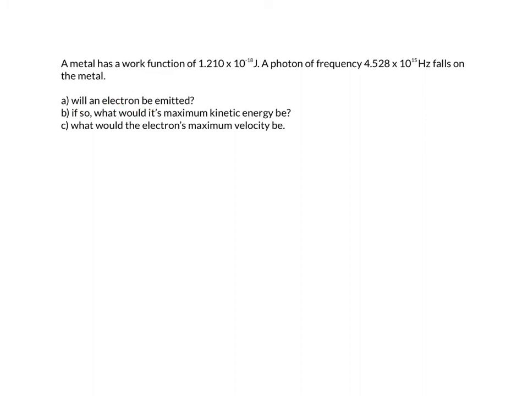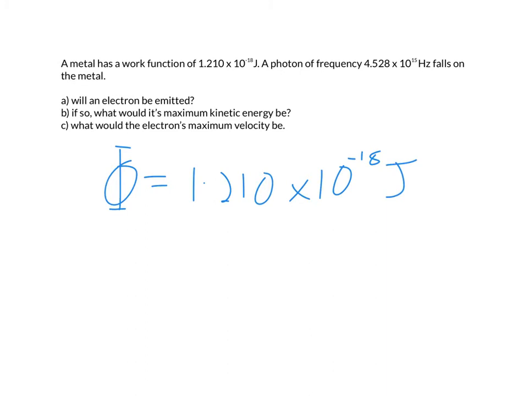Well, we know that the work function is 1.210 by 10 to the power of minus 18 joules. In order for the electron to be emitted, the photon has to have an energy greater than the work function.